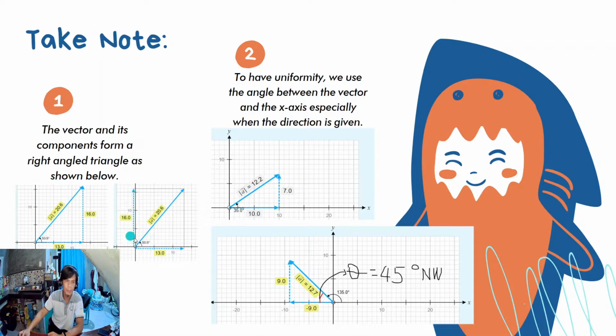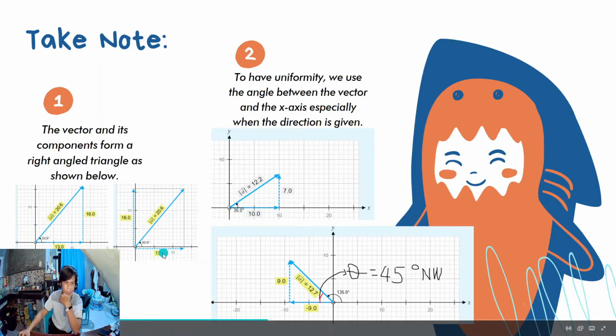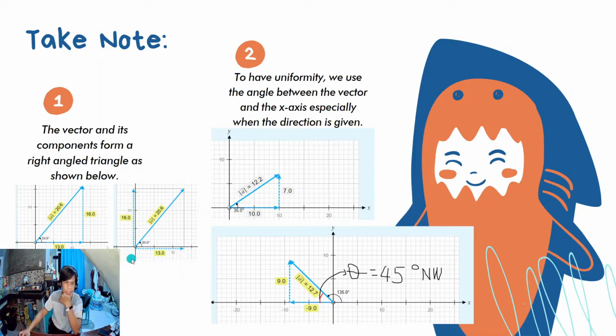However, we can also plot it such that the x component coincides with the x-axis and the y component coincides with the y-axis. That's the reason why they are called x components and y components, because they coincide with the different axes.